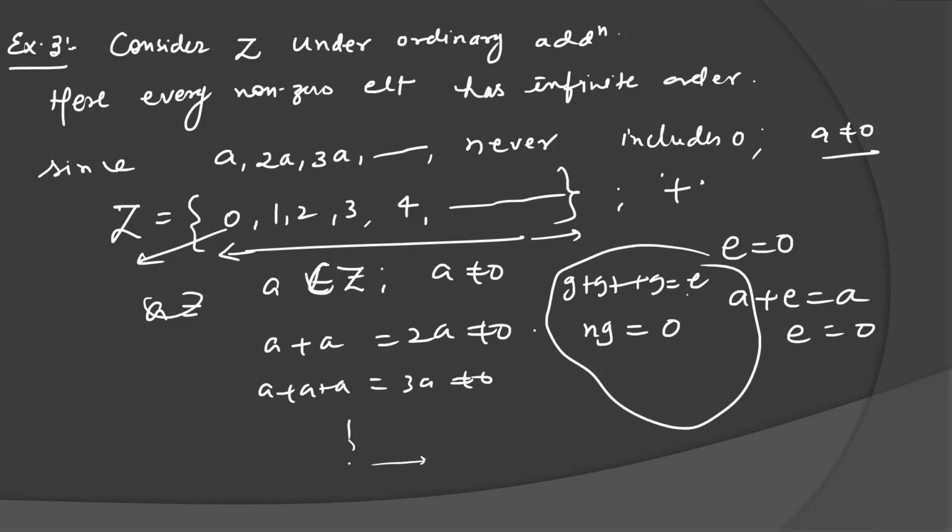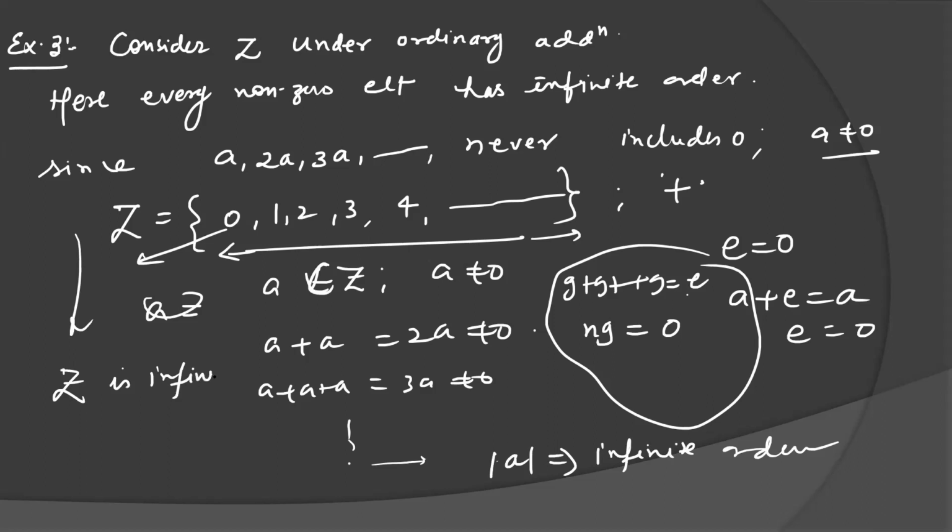But here I'm not taking remainder, it's ordinary addition. Therefore, if you add any non-zero integer any times, you will not get 0 anytime. Therefore, every element has infinite order. Here also the order of Z is infinite, because Z is an infinite group.